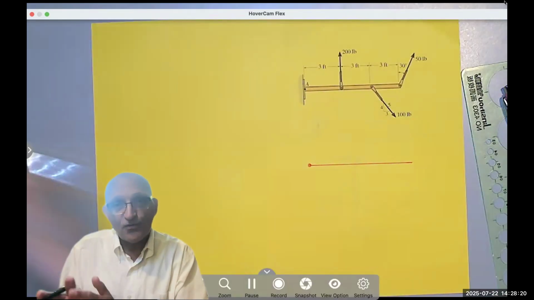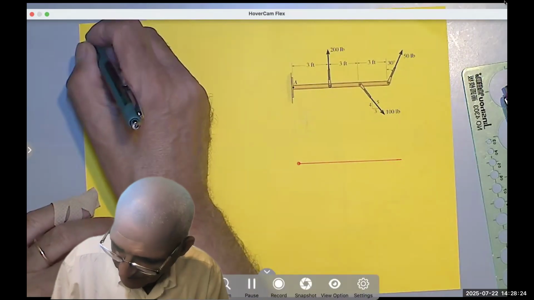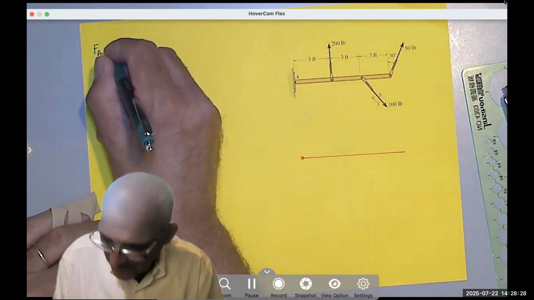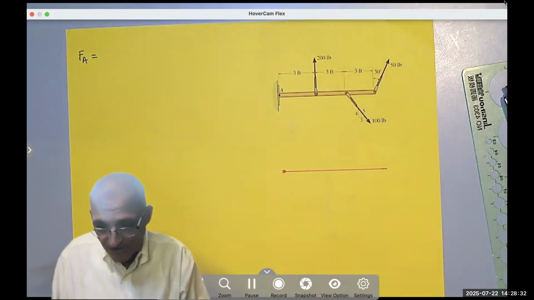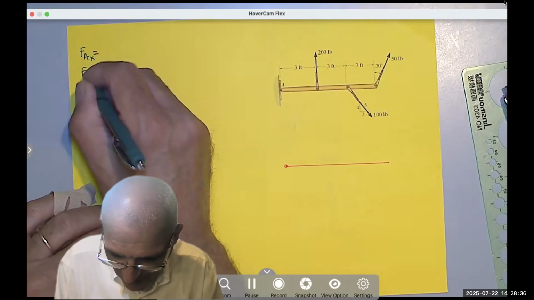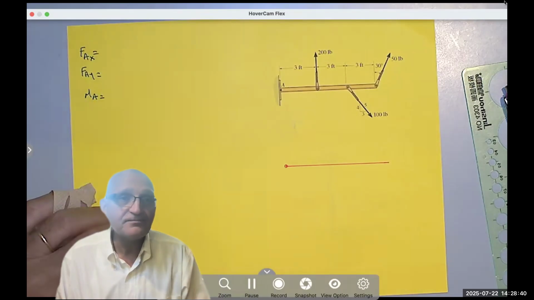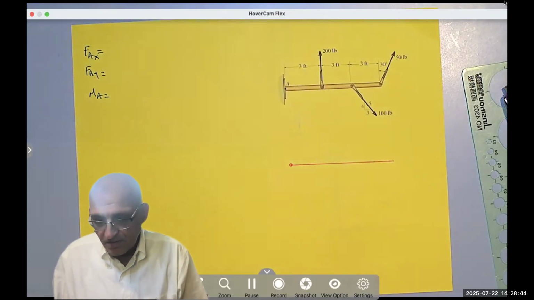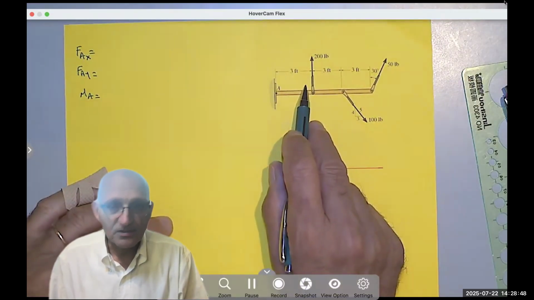Let's take each force by itself. First of all, the force at A is just the sum of those. So if I say FAX equals, FAY equals, and then the moment at A equals. I want three things. So forces in the X: this one is vertical, so it doesn't have an X component.